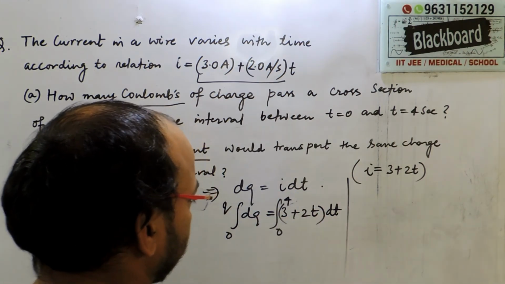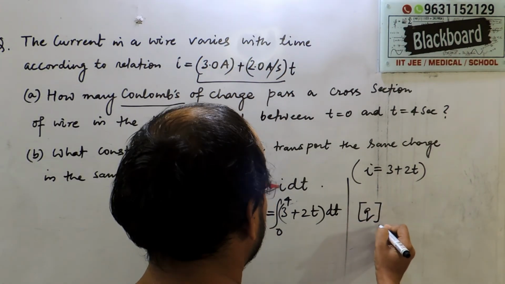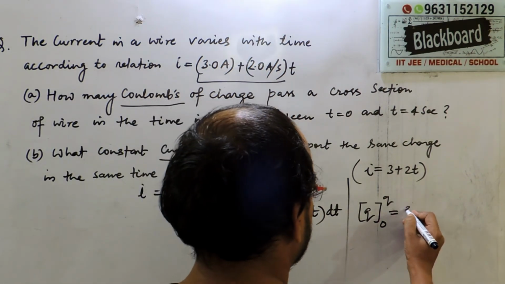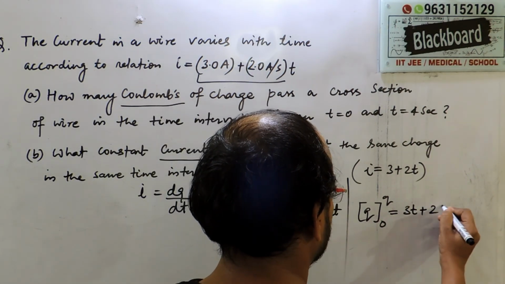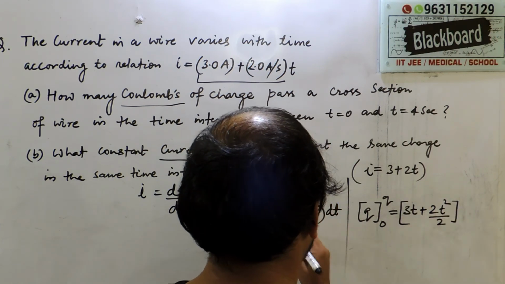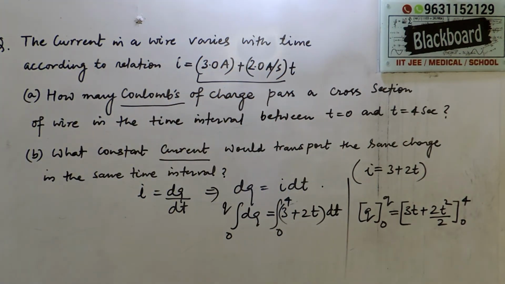Now integrate dq, the integration of dq is q here, and you have to put the limit 0 to q, and here 3 dt integrates to 3t plus 2t square by 2, and now put the limit, and here the limit is 0 to 4. Now solve this, you will get your answer.